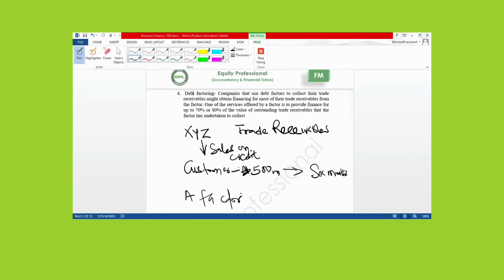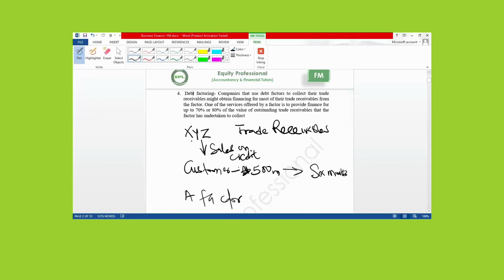XYZ can decide to outsource collection of trade receivables to a factor. This factor will collect the $500 million on behalf of XYZ in 6 months' time.